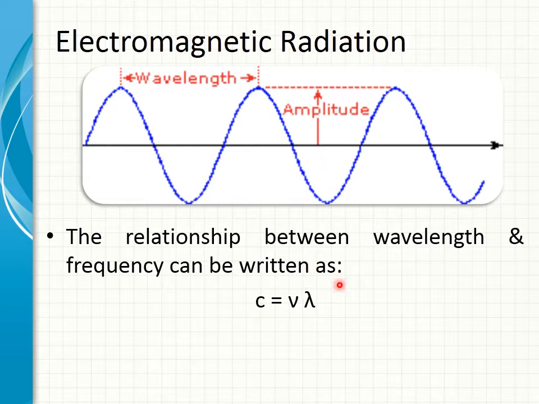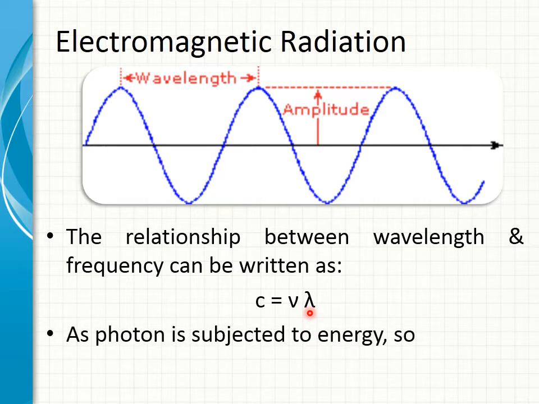The wavelength and frequency are related by this expression where c equals wave number times the wavelength. This expression could be described in terms of energy as well: the energy would be equal to hc over lambda, where h is the Planck's constant, c is the speed of light, and lambda is the wavelength of that light.